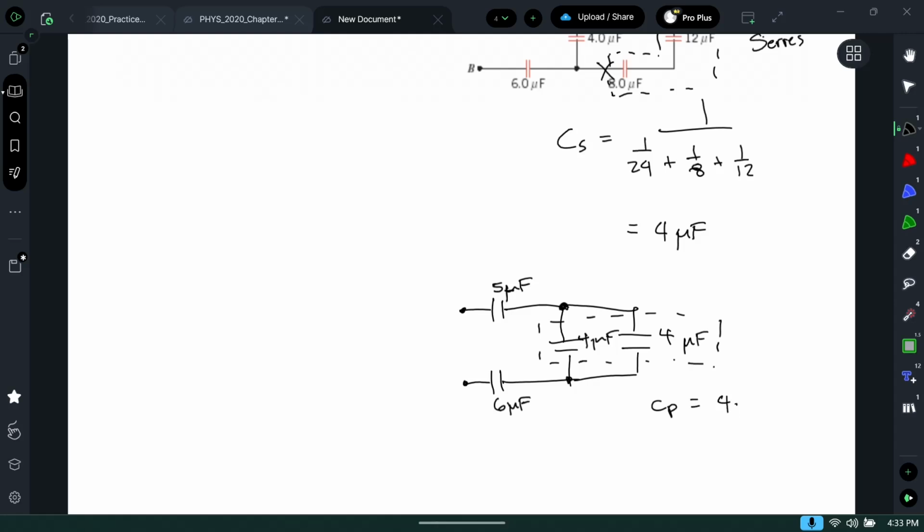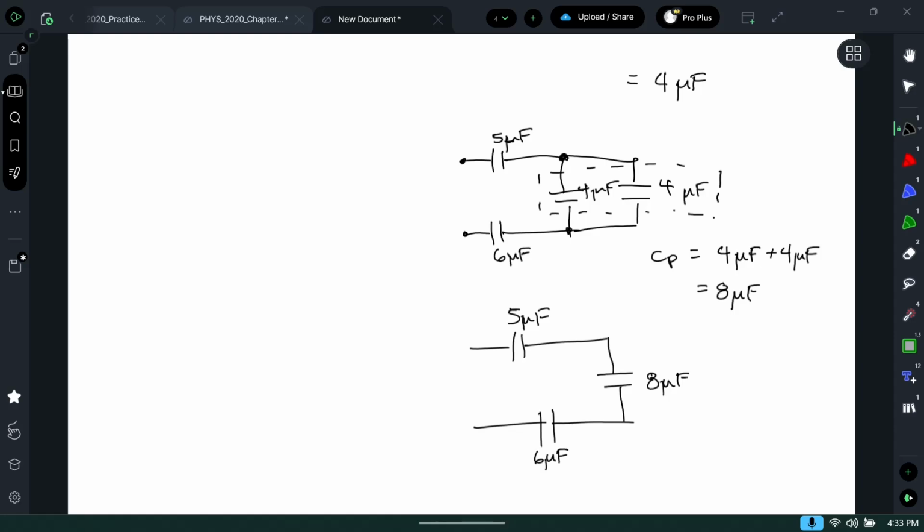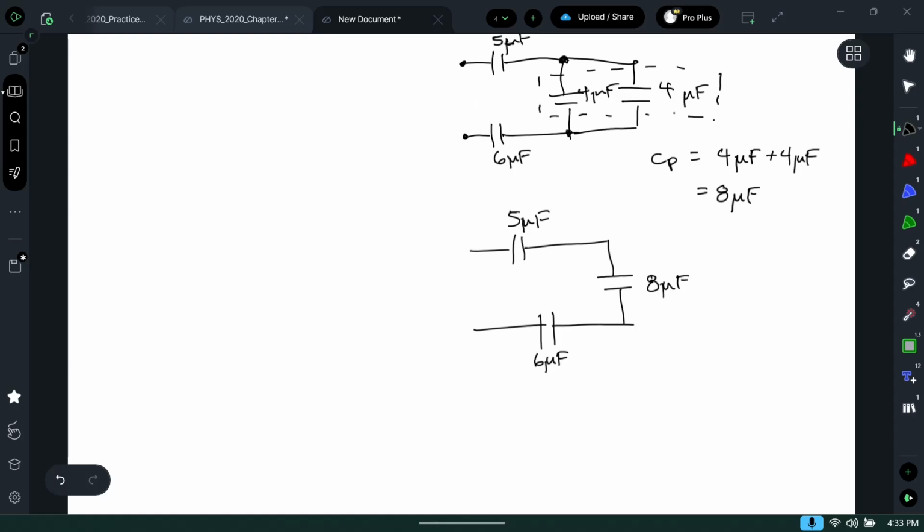Capacitors in parallel add. So that is 8. And so I can replace both of those with one singular one. This is 5. This is 8. This is 6. And I stop and look at this one, and I see, oh, these are all in series.